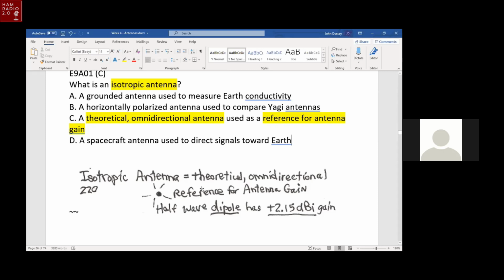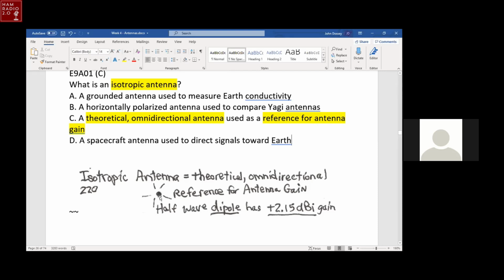And I think this is on page 220. That's my 220 note over here. Now, a half-wave dipole has 2.15 dBi gain. What that means is that you've kind of squished the equal electromagnetic radiation around this point source.